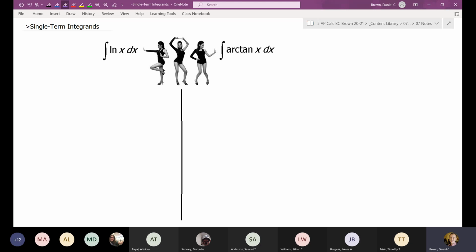Don't be confused. We don't know the integral of the natural log of x. We know the derivative of the natural log of x is 1 over x. We do know that the integral of 1 over x is the natural log of the absolute value of x plus c, but we don't have a rule for integrating the natural log of x.